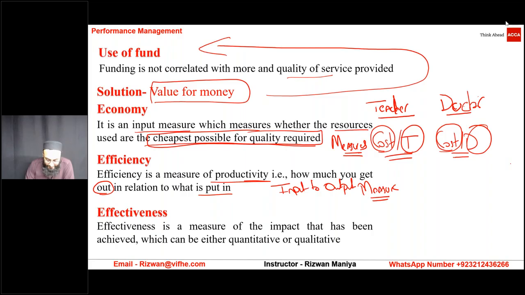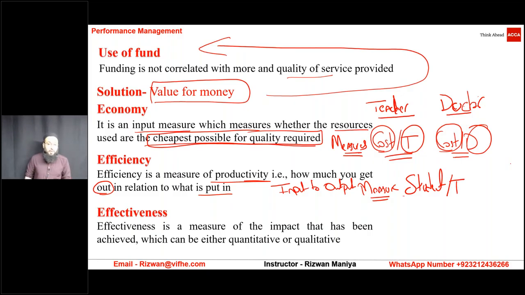That is important to consider. Okay, so the best way to measure this is to think about both input and the output you are getting from that. So you can use both here as a measure. So what I can say here, students per teacher, how many students I am teaching is efficiency.